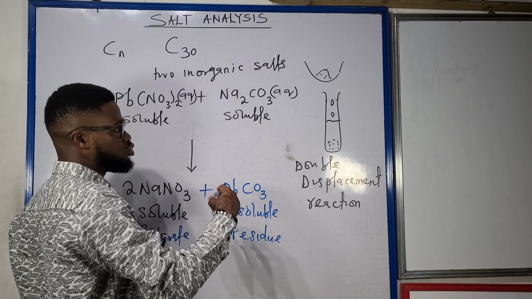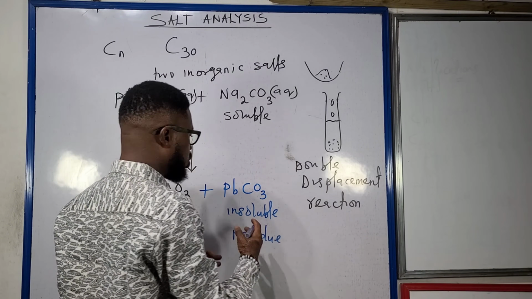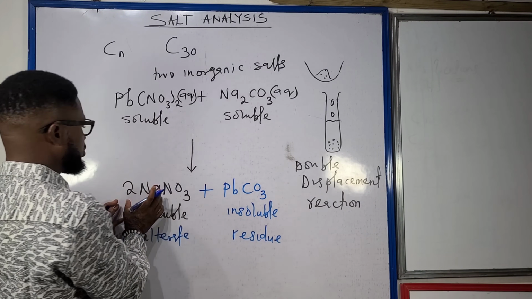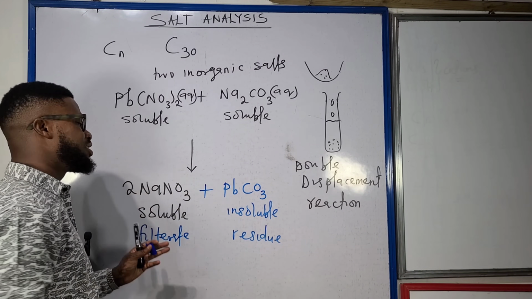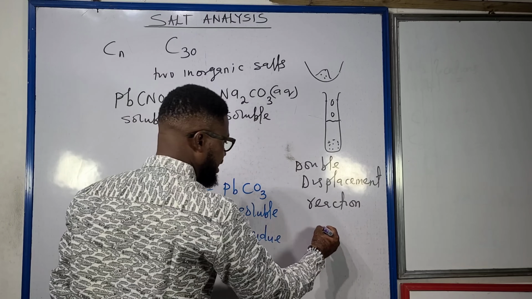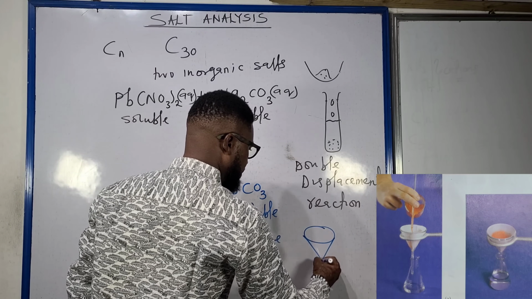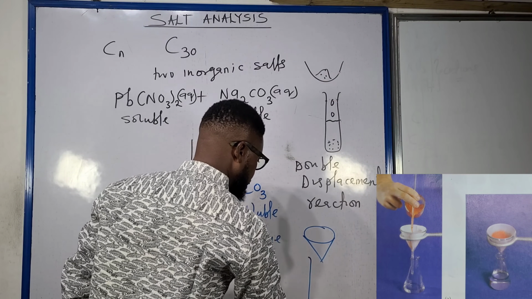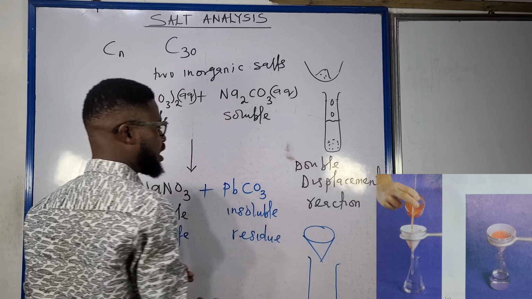Just like when, in this case, you're going to be told this is the mixture you're going to have, you will be instructed to filter this. Now, let's say this is our filter paper.